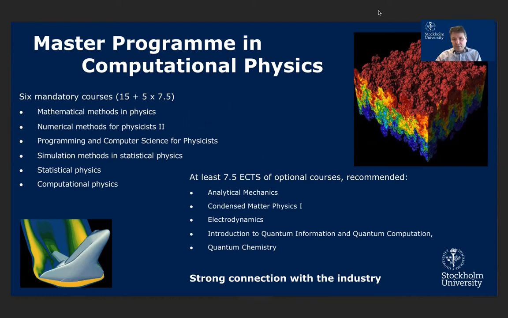This block is then further complemented by at least 7.5 credits to be taken among the list of optional courses listed here. And this will be finally complemented by additional credits to be taken among any of our courses. Computational physics is strongly related to the industry, and for this reason, the master thesis projects are most often carried out in a company.